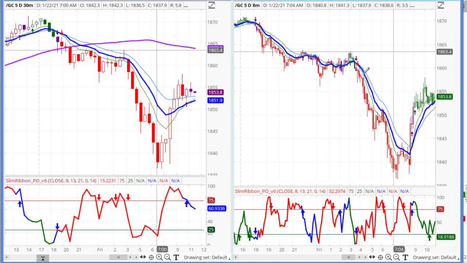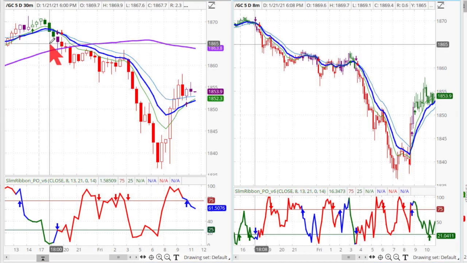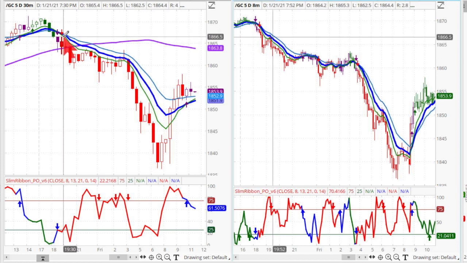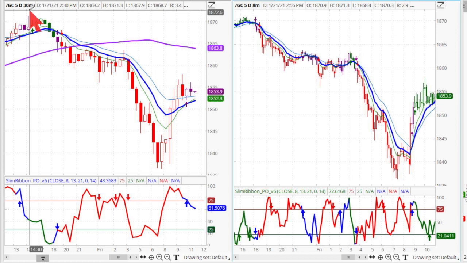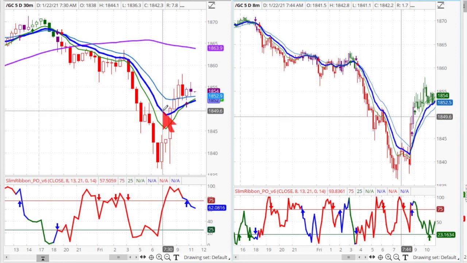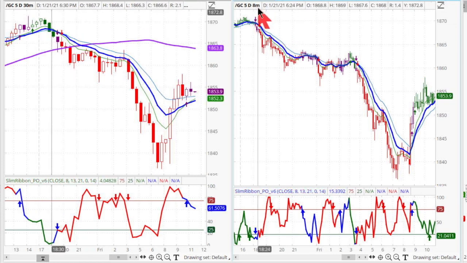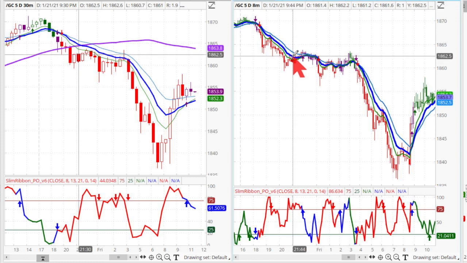Again, very, very valuable information, as it was right here that the momentum went negative. And again, on the longer term, this is a 30-minute chart. This is your directional decision. And then on the shorter term chart, this is an 8-minute chart. This is where you have your entries and exits.